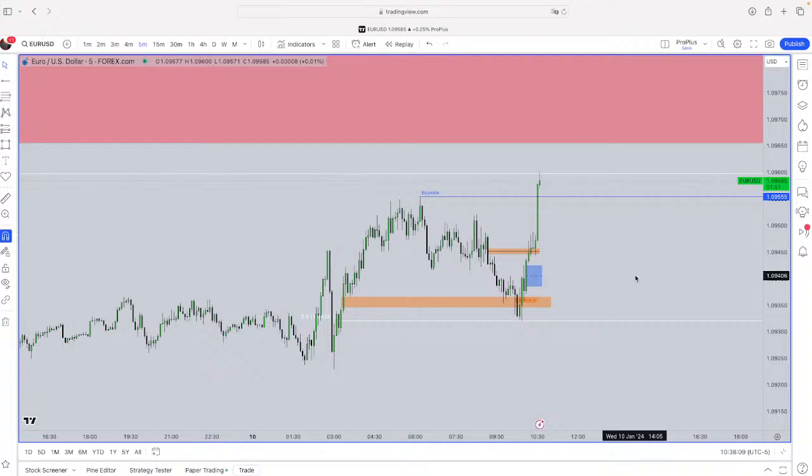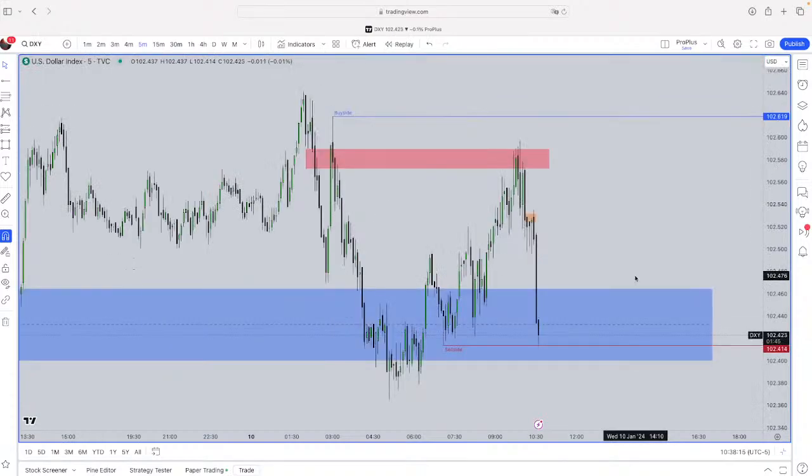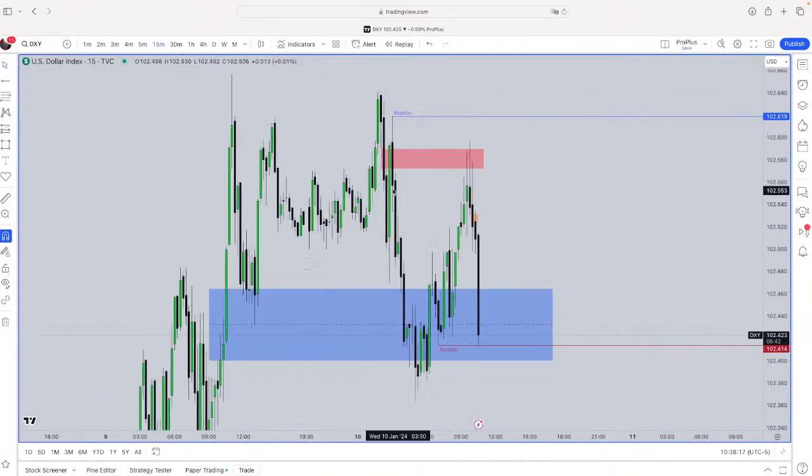Note the inversion fair value gap from 3:15 on the 15-minute time frame, expand it. I already got that one anyway here. But 3:15, let's have a look. That one there.